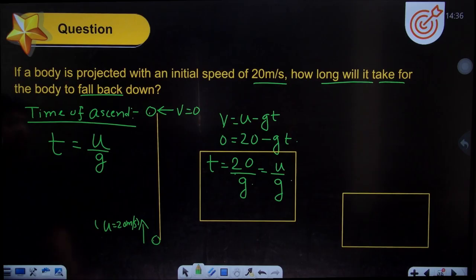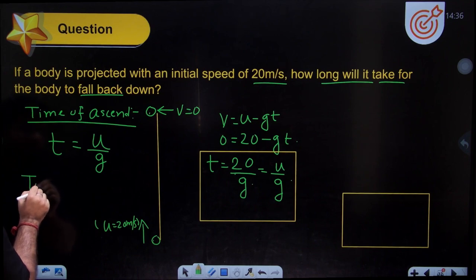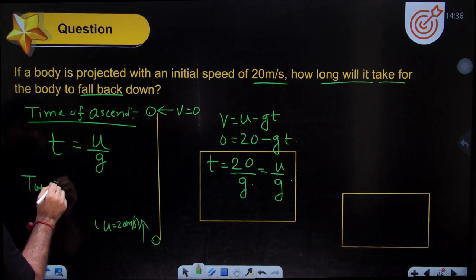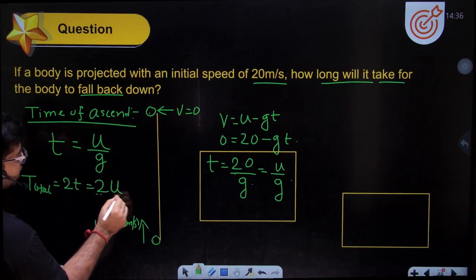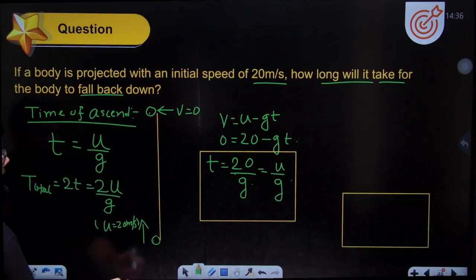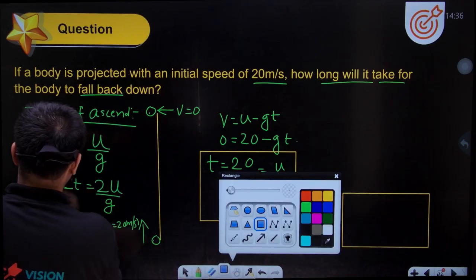Similarly, time of descent will also be u by g. So my total time is equal to 2 times t, which is 2u by g. This is called the time of flight.